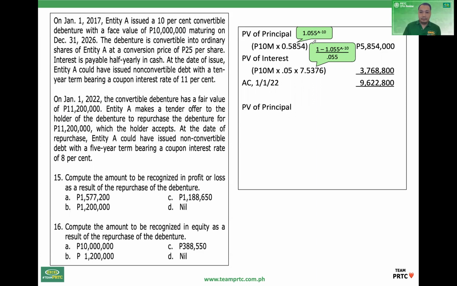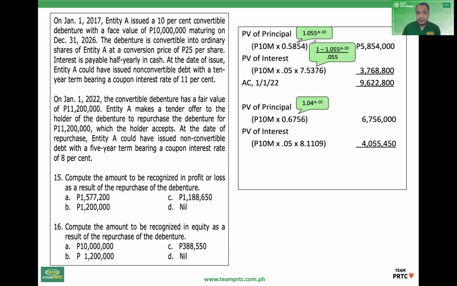So, principal. Interest. At 4%, 10 periods. The cash flows discounted at the original effective rate, amortized cost. The cash flows discounted at the prevailing rate, fair value.